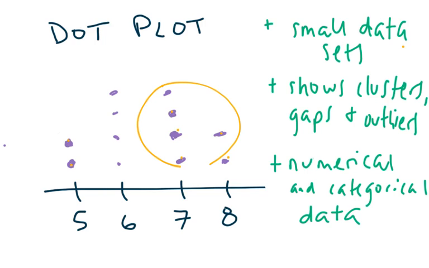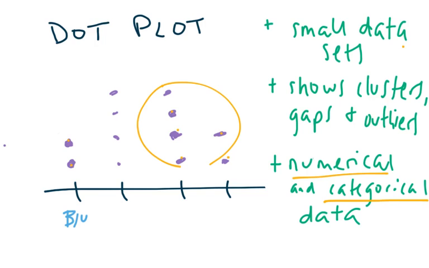And then dot plots can be used for numerical data, like you see here in this example. They can also be used for categorical data. So maybe I'm plotting the number of people with certain color eyes. Instead of these numbers down here on the axis, I could write the color of their eyes here.